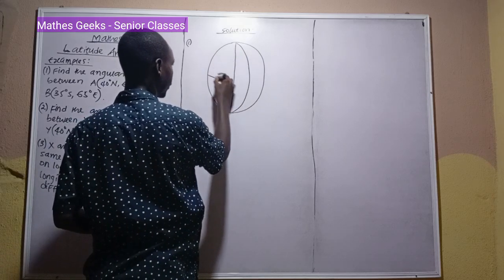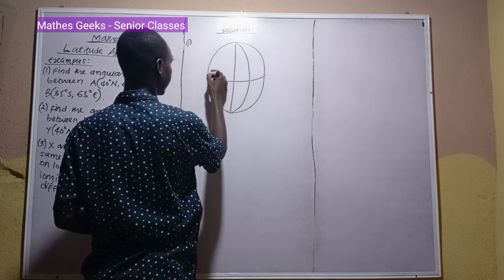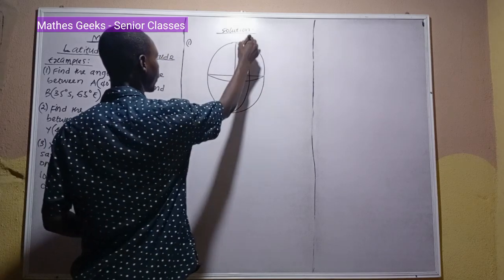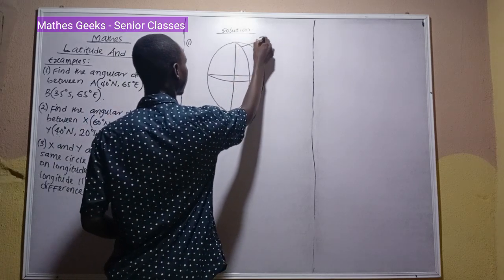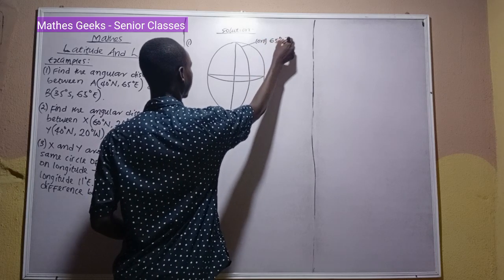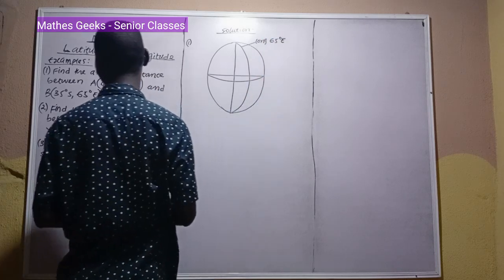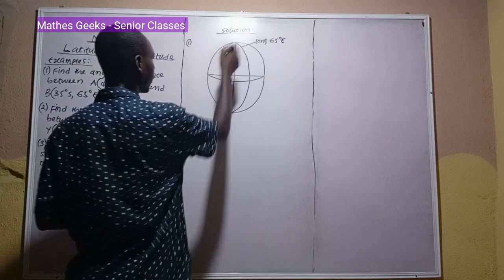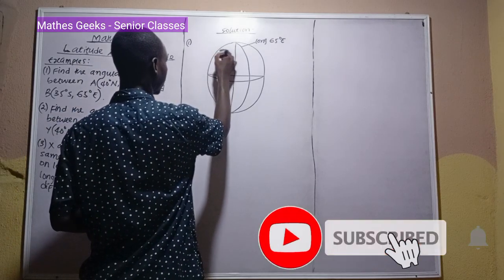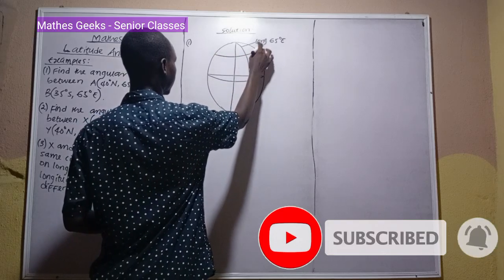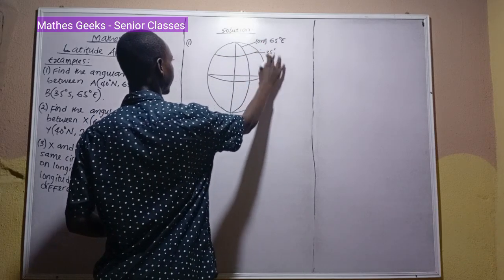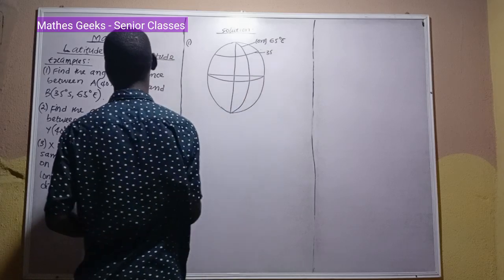Then this is the equator. So we'll call this longitude 65 degrees east. 35 degrees south, and 40 degrees north.